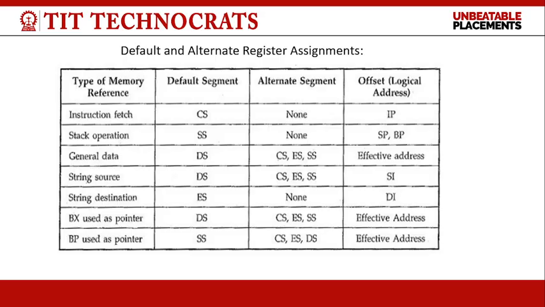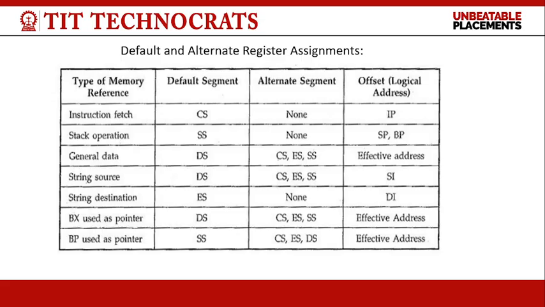As we discussed earlier, the 20-bit physical address can be generated with the help of the segment register and the offset register. Here, there are 4 offset registers. These are stack pointer register, base pointer register, source index register and destination index register. For example, the instruction code can only be stored in the code segment with IP as offset.